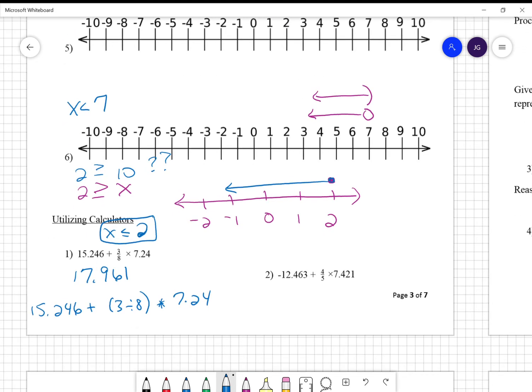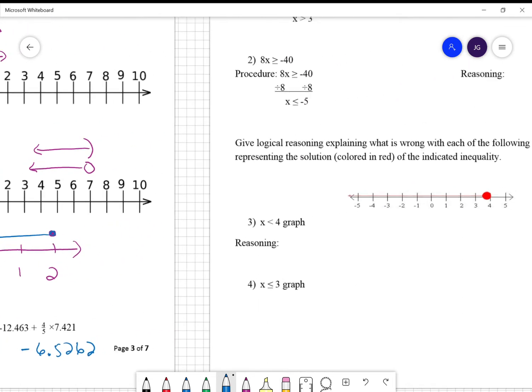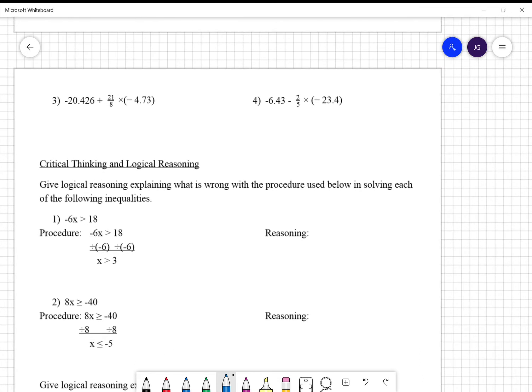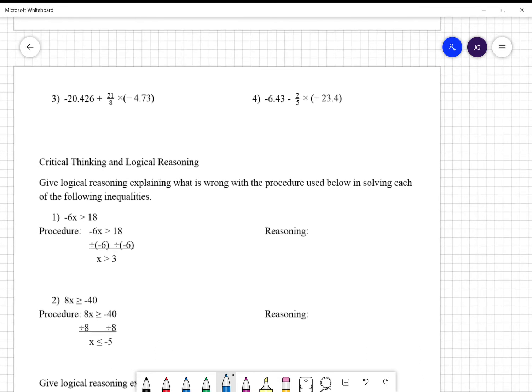Okay. The next one is negative 6.5262. The next one is negative 32.84225.